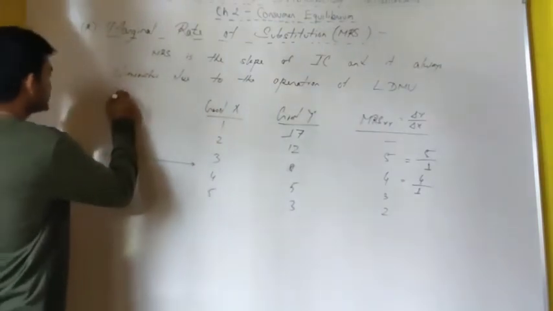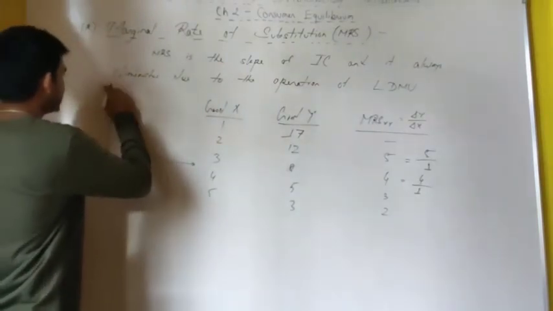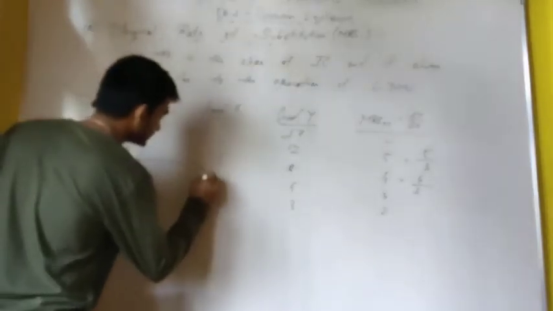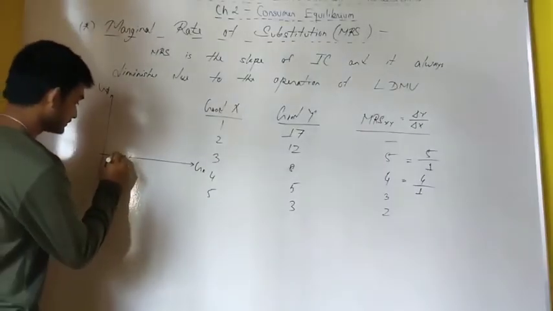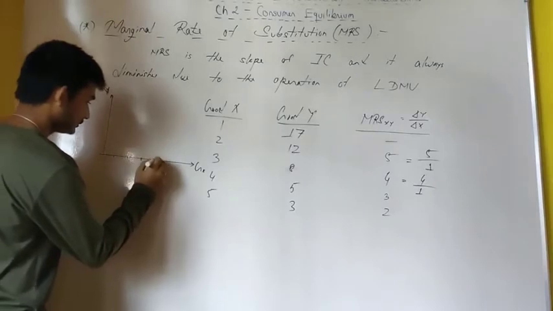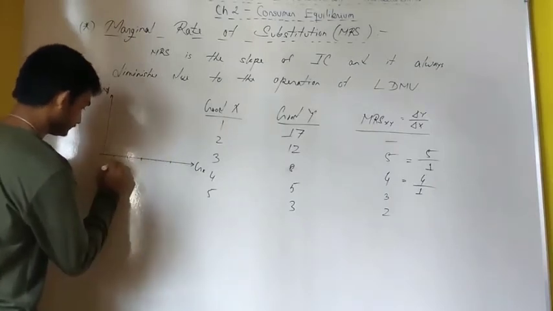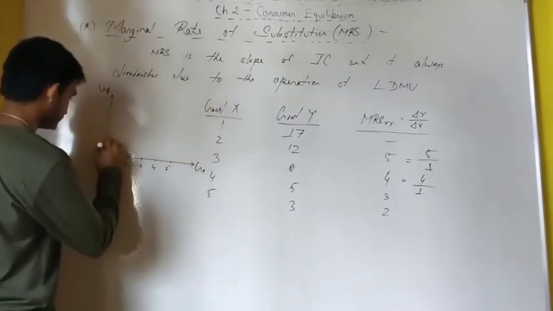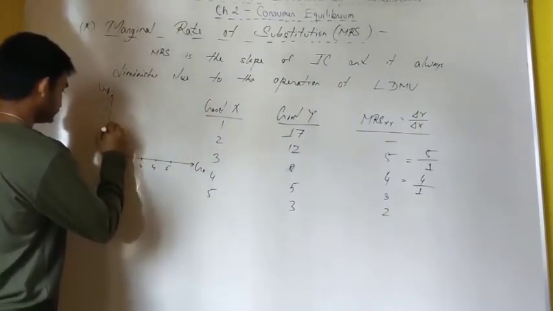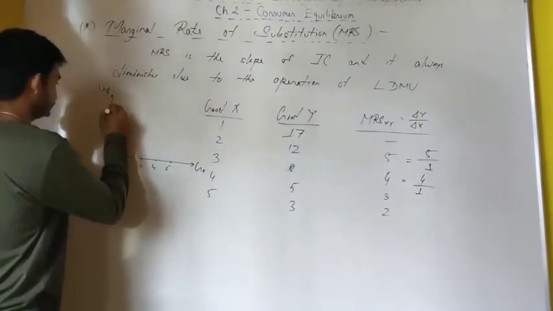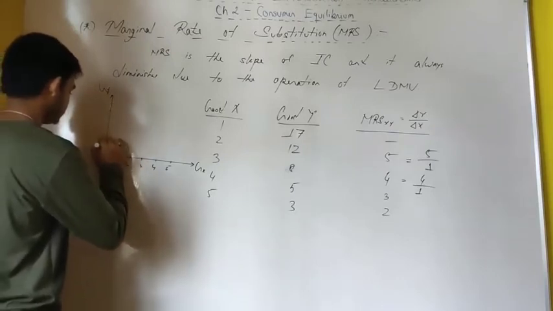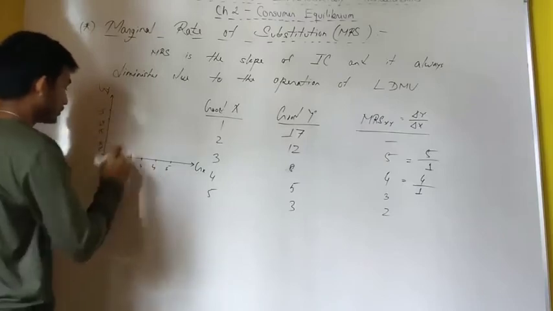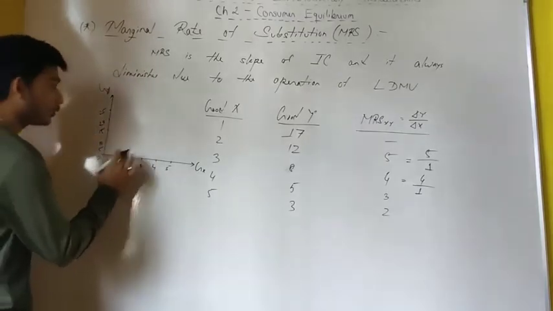Draw 2 axes. On the vertical axis we are measuring good Y. On the horizontal axis we are measuring good X. Now let's plot the points.